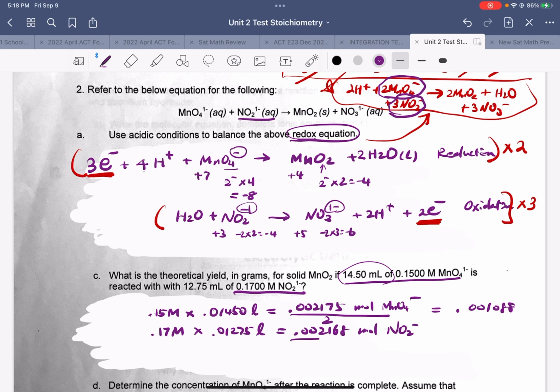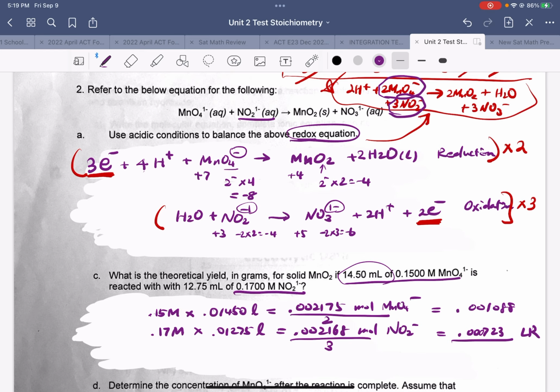Okay, and for NO2- the coefficient is 3, so you divide by 3 here. 0.002168 divided by 3, so I got 0.00723. So this is way smaller. So this is the limiting reactant.